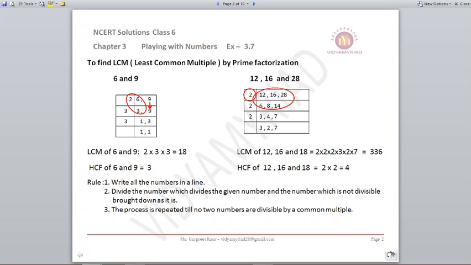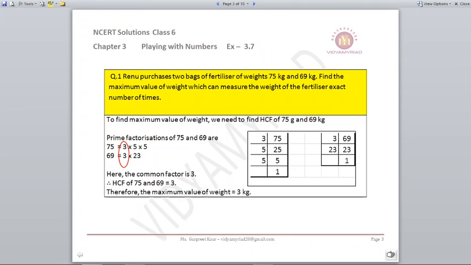Begin with the exercise. Question number 1. Renu purchases 2 bags of fertilizers of weight 75 kg and 69 kg. Find the maximum value of weight which can measure the weight of the fertilizer an exact number of times. Now in the question, they have mentioned the maximum value.